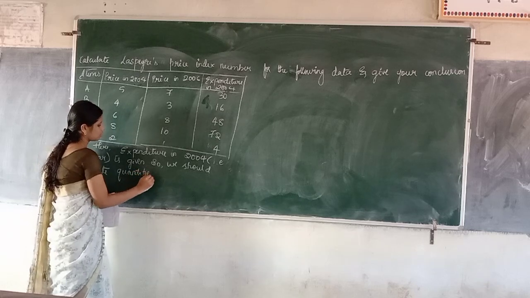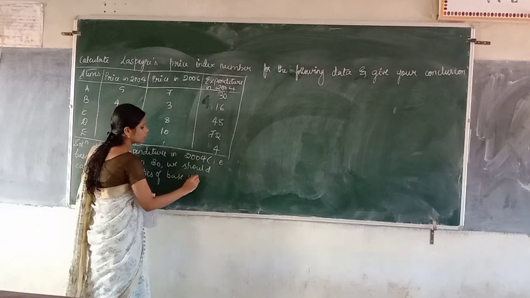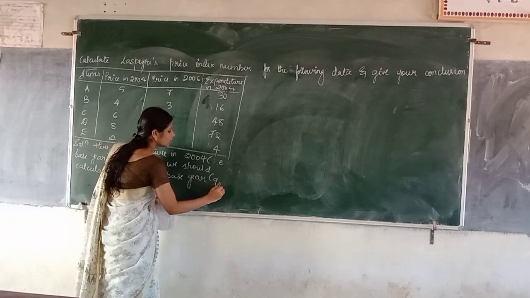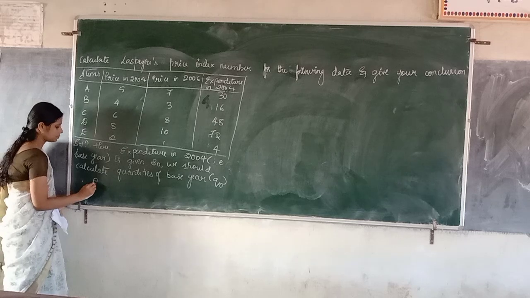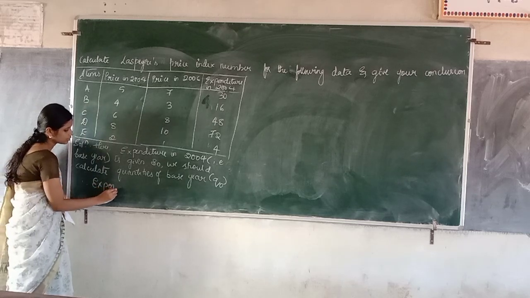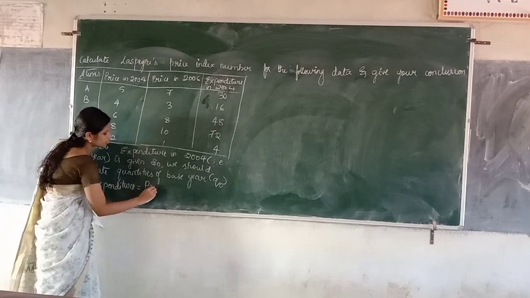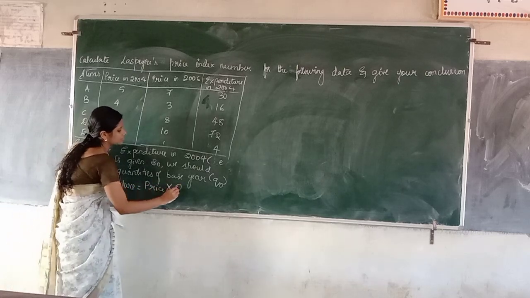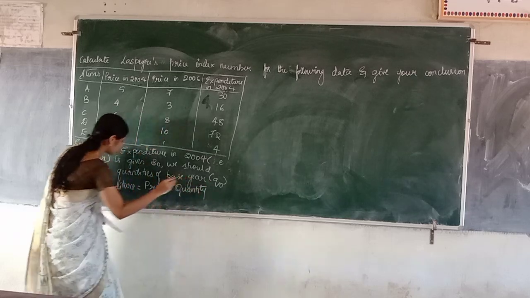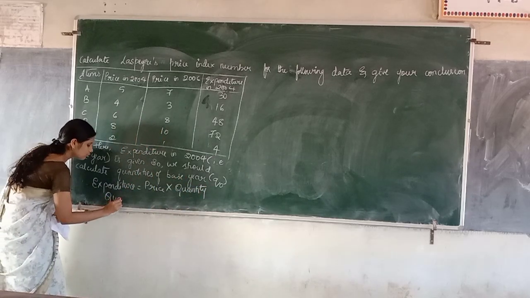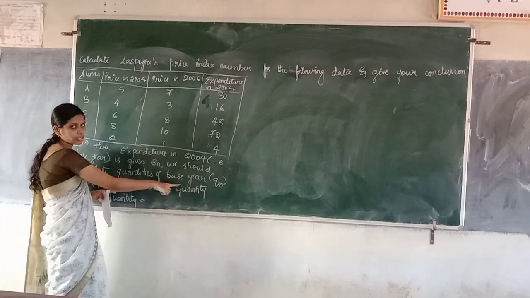Quantities of base year is denoted by Q0. Therefore, expenditure is equal to price into quantity. We need quantity, so we keep quantity on one side.